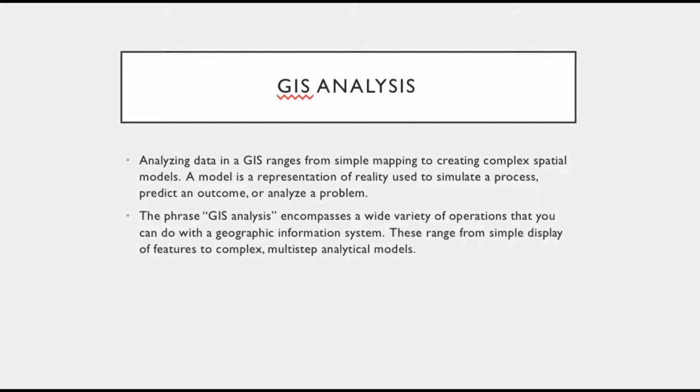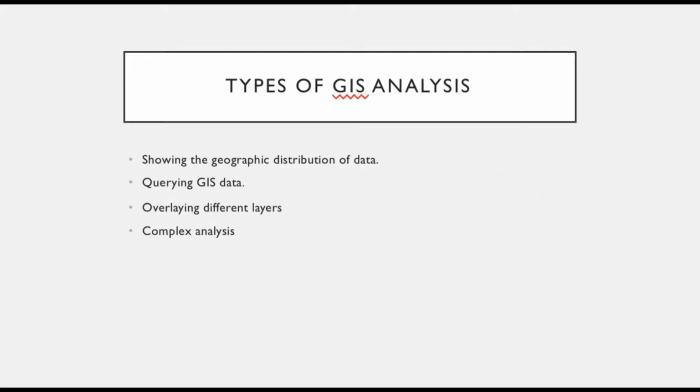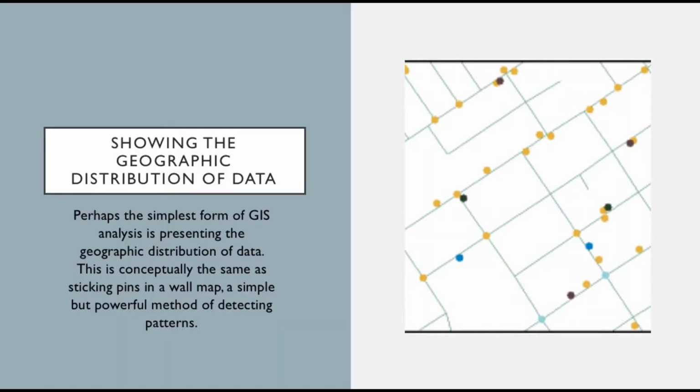This ranges from simple display of features to complex, multi-step analytical models. The types of GIS analysis are showing the geographic distribution of data, querying GIS data, overlaying different layers, and complex analysis.